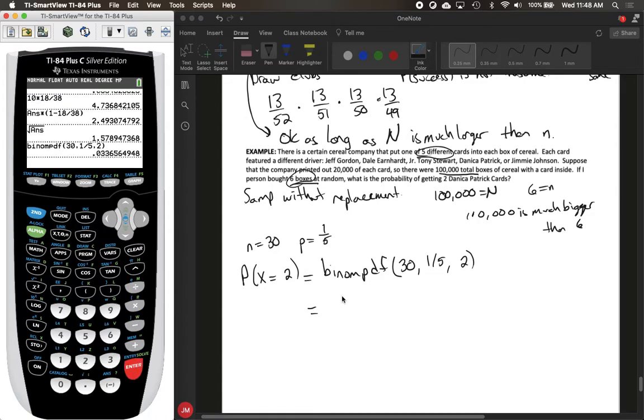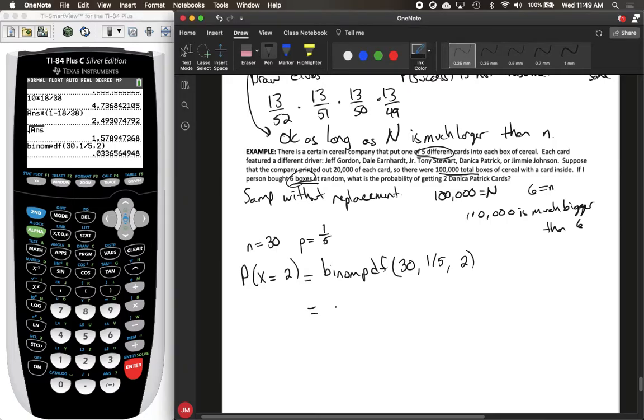And so our probability that we get 2 Danica Patrick cards is going to be 0.0337. Now remember that this is getting exactly 2. It's not saying the probability that we get at least 2 Danica Patrick cards, which might actually be a greater probability. In fact, it should be a greater probability.